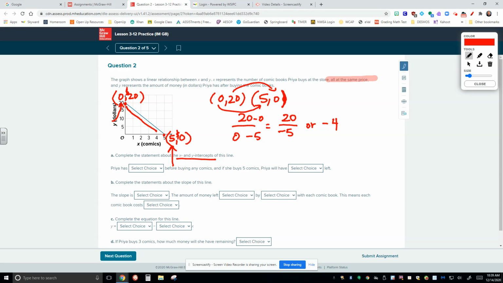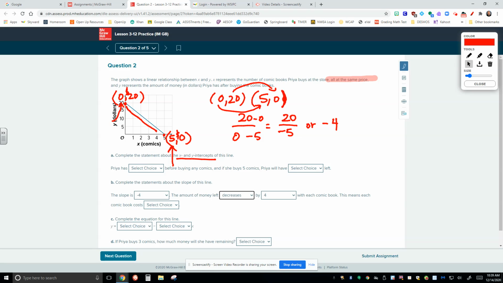Now, what does that actually mean for our situation? The slope is -4. The amount of money left increases or decreases by how much every single comic book? I'm going to tell you that it decreases by 4 with every single comic book.